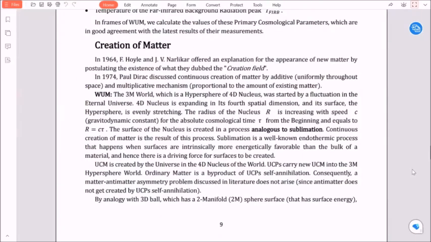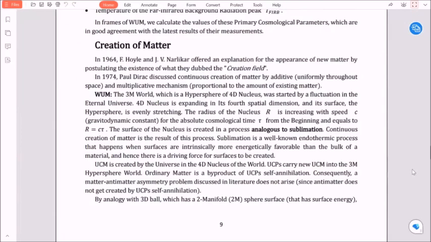The radius of the nucleus, r, is increasing with the speed c, gravitodynamic constant, for the absolute cosmological time tau from the beginning, and equals r = c tau. The surface of the nucleus is created in a process analogous to sublimation. Continuous creation of matter is the result of this process.